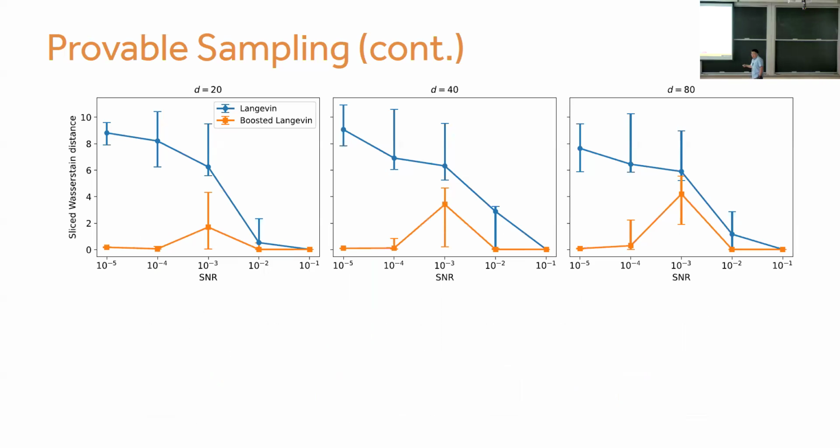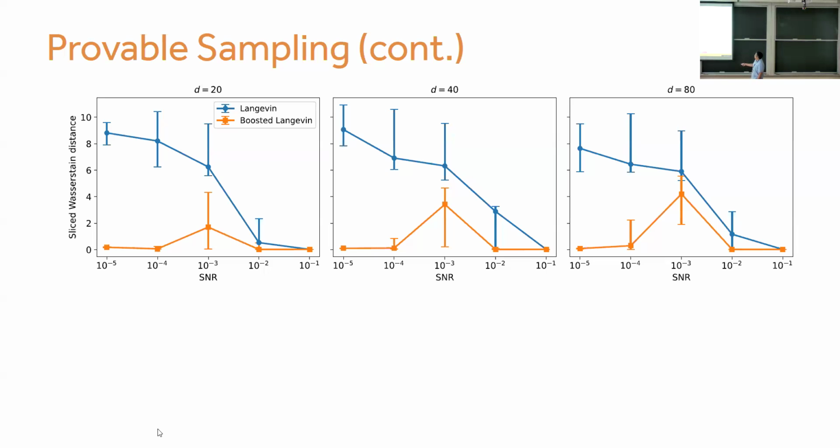And we verify our theorems with numerical experiments on high-dimensional Gaussian mixture sampling, for d equals 20, 40 and 80. Here again the x-axis is the signal-to-noise ratio, and the y-axis is the statistical distance of the samples we obtained with respect to the target distribution. So the lower the better.